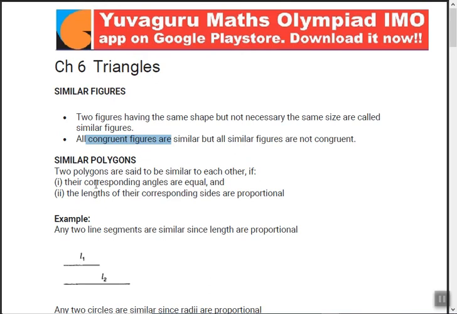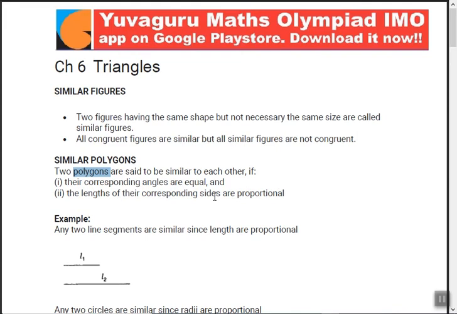Similar polygons. Two polygons are said to be similar if their corresponding angles are equal and the lengths of the corresponding sides are proportional. Polygons here means you remember only triangles. Two triangles are similar if the corresponding angles are equal, meaning if one is a right angle triangle, then the other is also a right angle triangle with the same remaining angles.